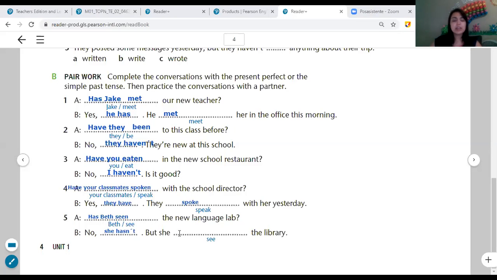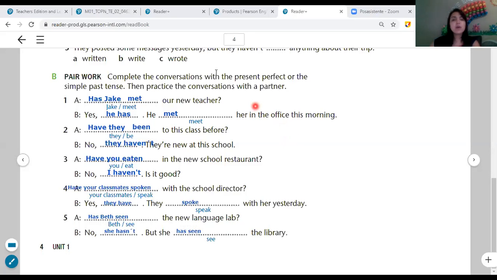But she, the library, again, no specific time, but she has seen the library. Only has seen. Okay, and that is how we complete this exercise.